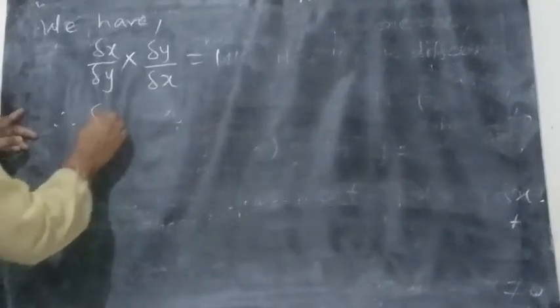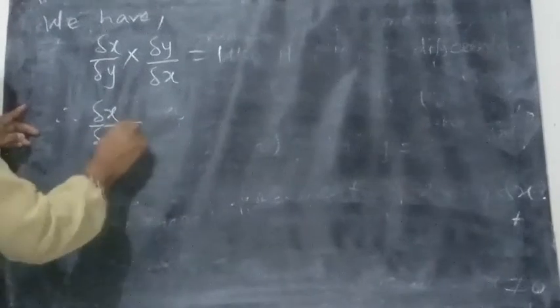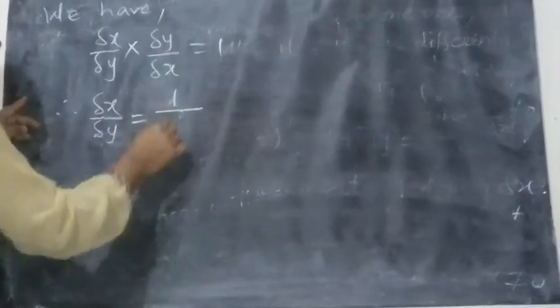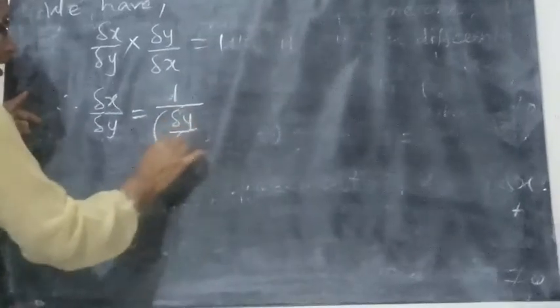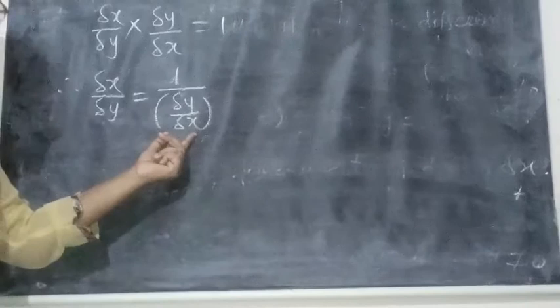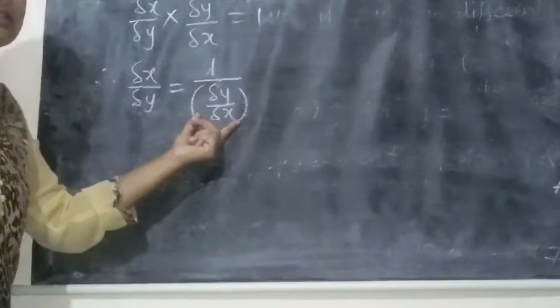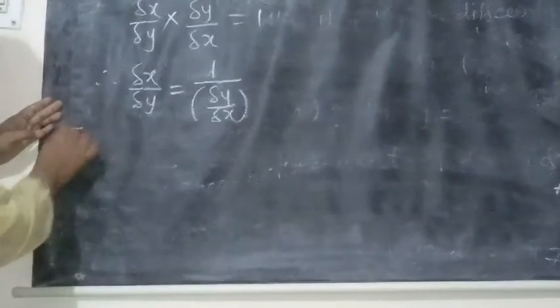Therefore we can write in this way, delta x upon delta y is equal to, we can shift this value to the right hand side, 1 upon delta y upon delta x. Here, we know that y is a differentiable function of x, and therefore here we have to take the limit delta x tends to 0.